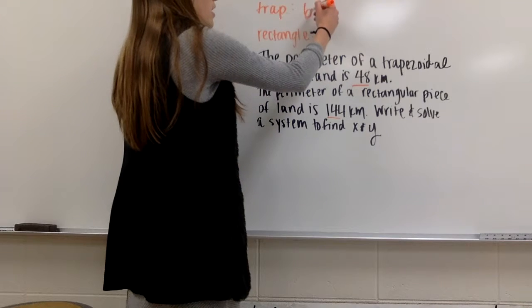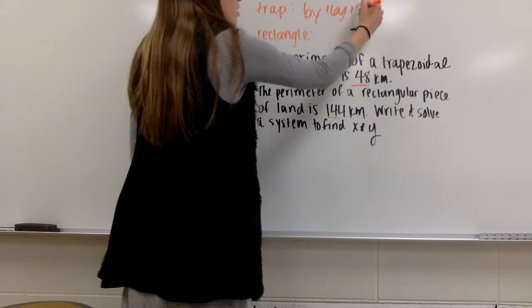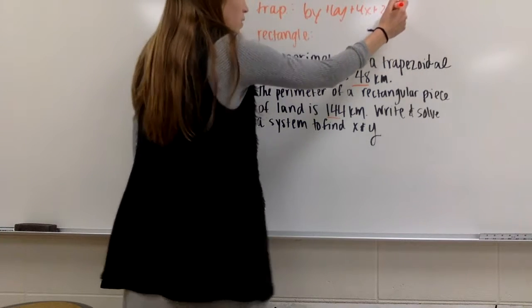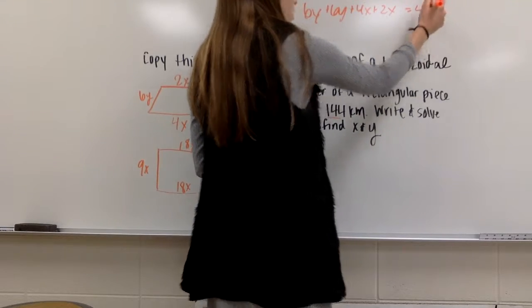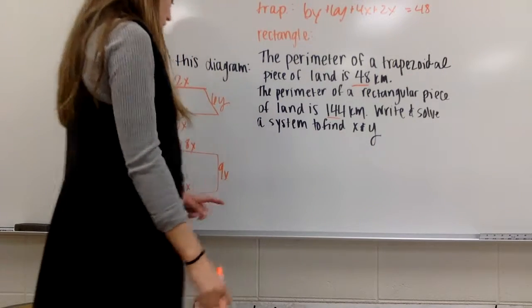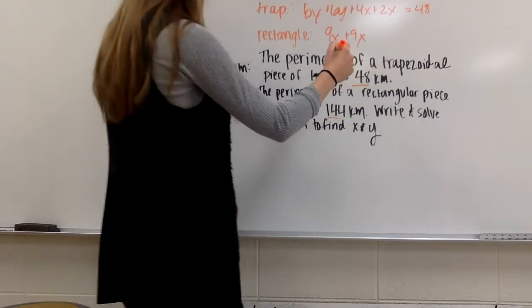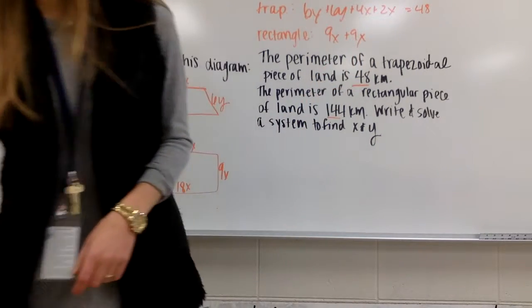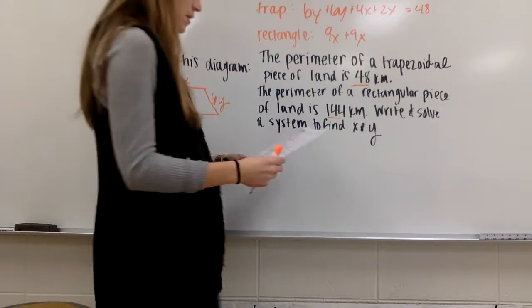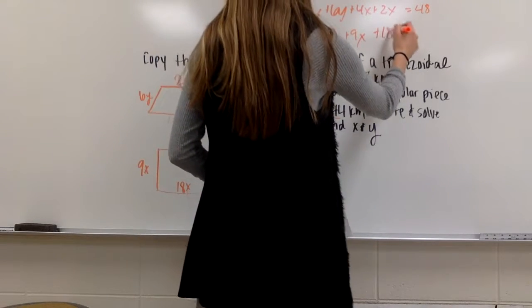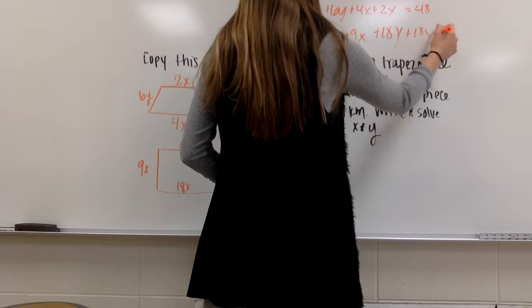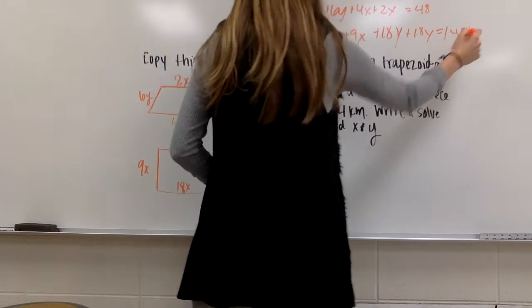So I have 6y plus 6y plus 4x plus 2x equals 48. For the rectangular piece, I have 9x plus 9x plus 18y plus 18y equals 144.